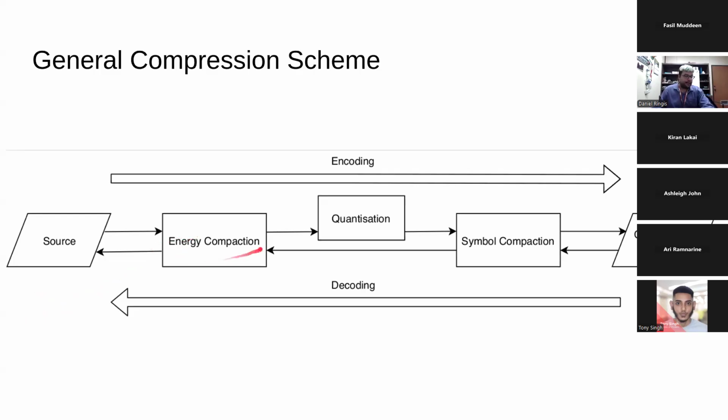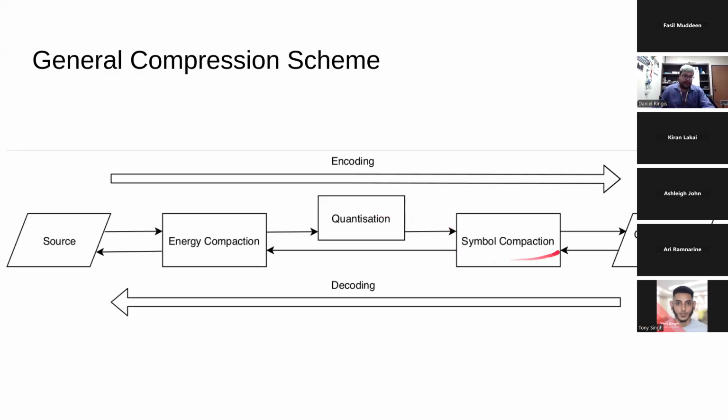The energy compaction, where you are taking some form of transform of the signal in order to reduce how many bits are needed to transfer that information. Quantization, which in image, audio, and video compression is usually some form of rounding, because a lot of times you can't represent things to the number of decimal points which is a true representation.